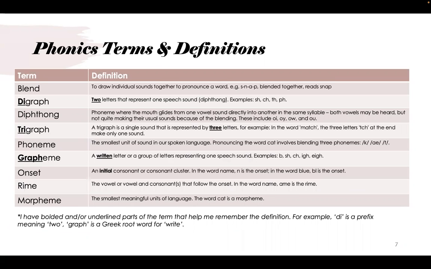Diphthong. And this is where the phoneme where the mouth glides from one vowel sound directly into another one. So like joy, oi. The O and Y is oi. Both vowel sounds may be heard, but not quite making their usual sounds because, again, they're blending.